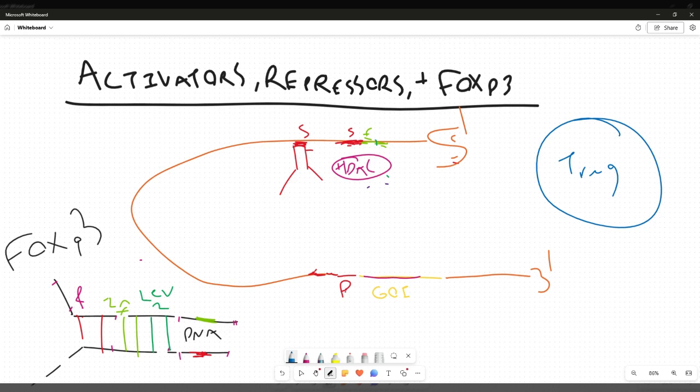I need you to start making, let's say, suppressor proteins. I'm turning on the gene of interest for suppressor proteins. Say, okay, suppressor, I need you to go out and slow down my immune system. It's doing too much damage.